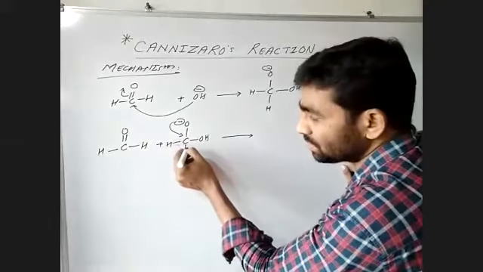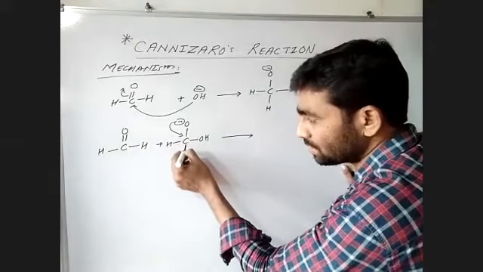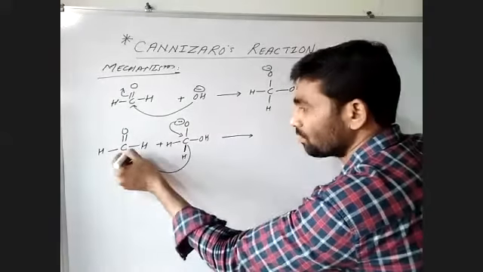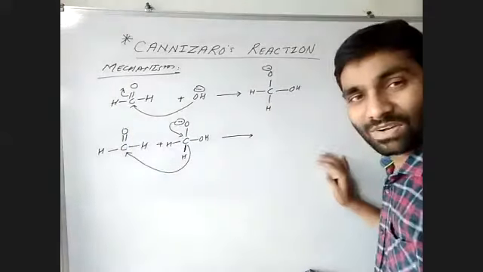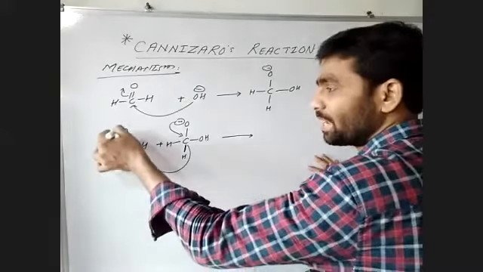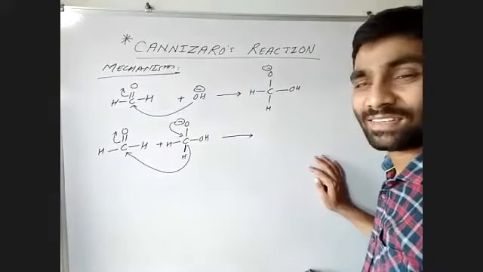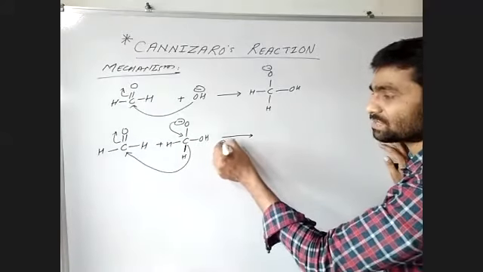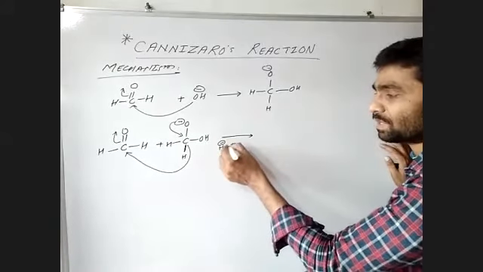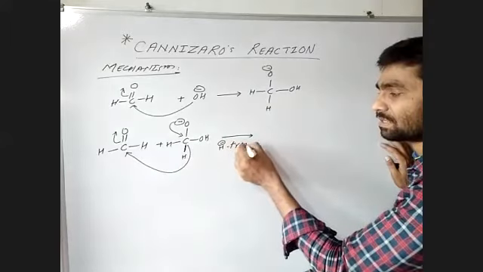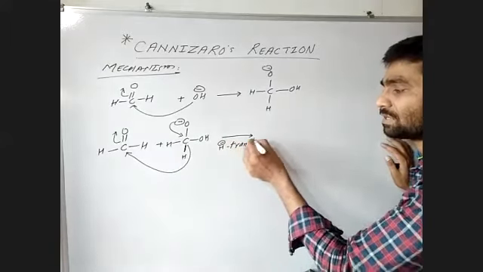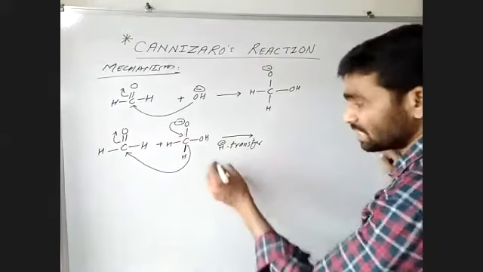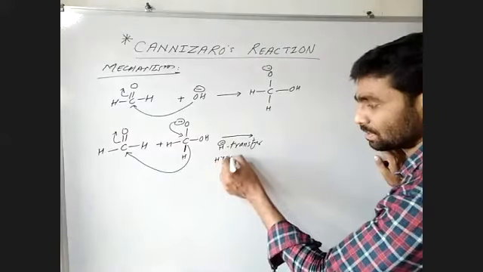So out of these 2 hydrogens, 1 hydrogen will migrate with its bond to the carbonyl carbon of another molecule, and this will become like this. We can say H minus transfer, hydride transfer. H minus is called hydride.